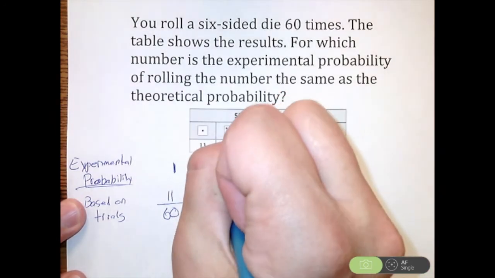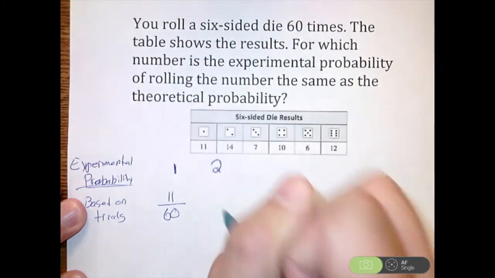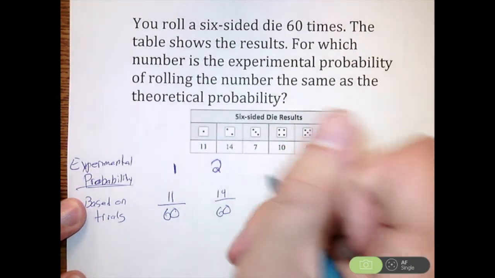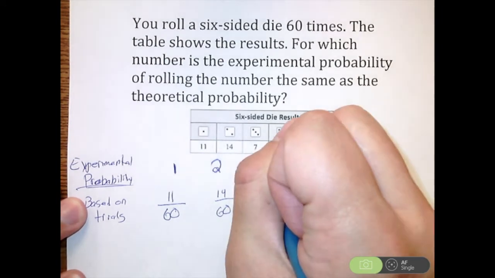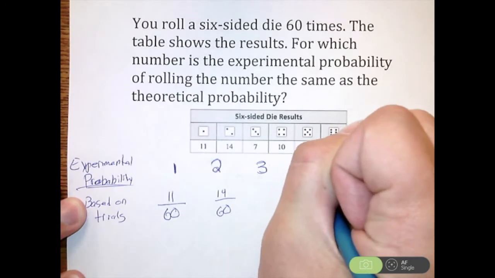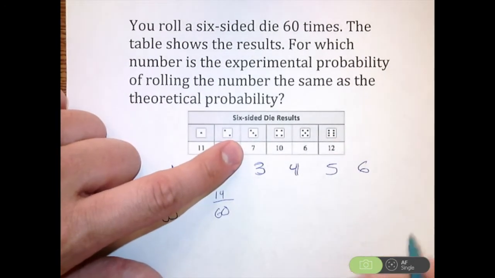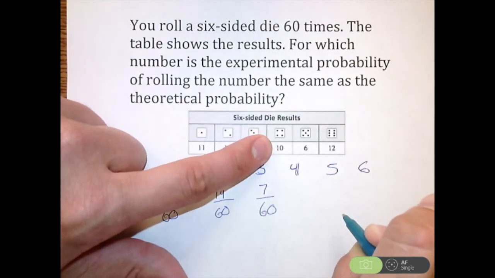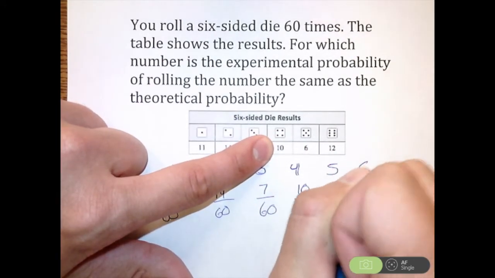Well, let's look at 2. That happened 14 out of 60 times. And you can probably kind of see the trend here. So I'm going to calculate all of these experimental probabilities. How did 3 happen? It happened 7 out of 60. A 4 happened 10 out of 60.